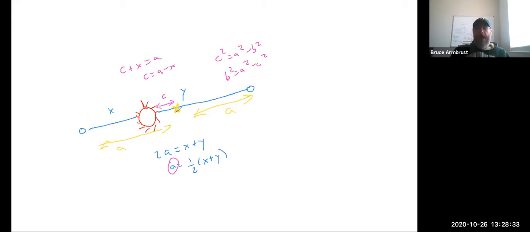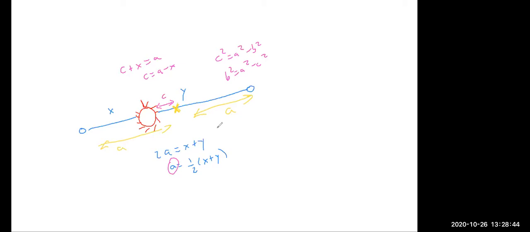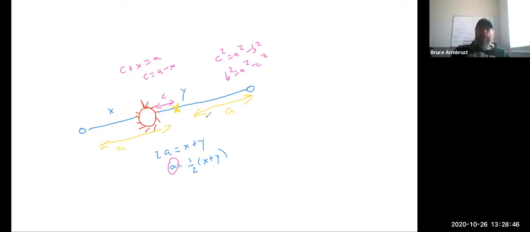Plus, as we saw, the only thing that matters in terms of finding the area is A and B. So if we really wanted to, we could probably just figure out what B is in terms of X and Y, just like we did with A, and then multiply them together, and that would get us the area of the Earth's elliptical orbit. But that's more algebra than I want to do right now.